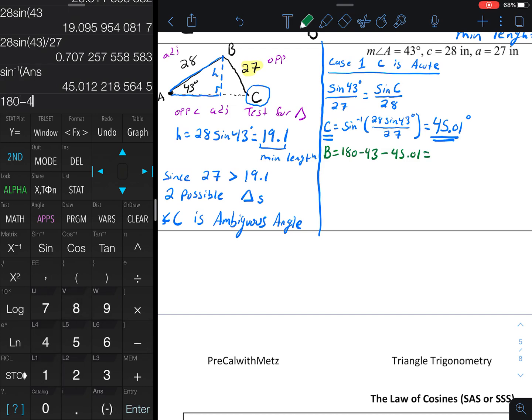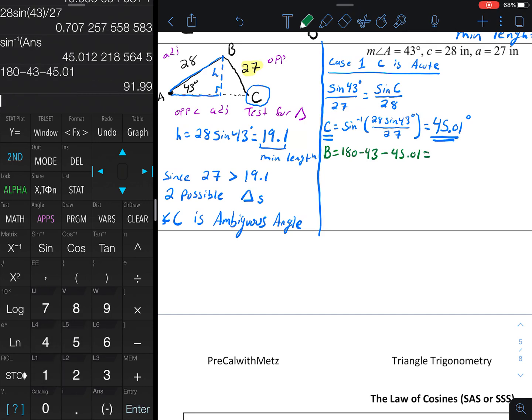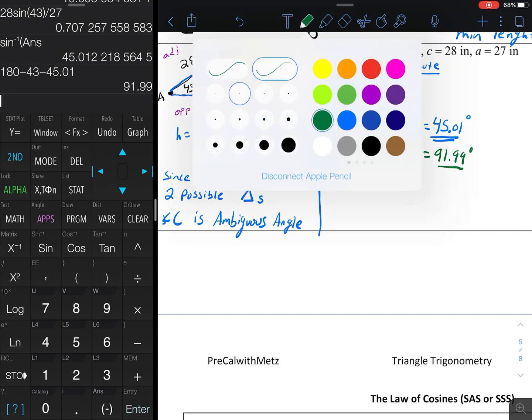So 180 minus 43 minus 45.01 is 91.99 degrees, which is angle B for this case when C is acute.